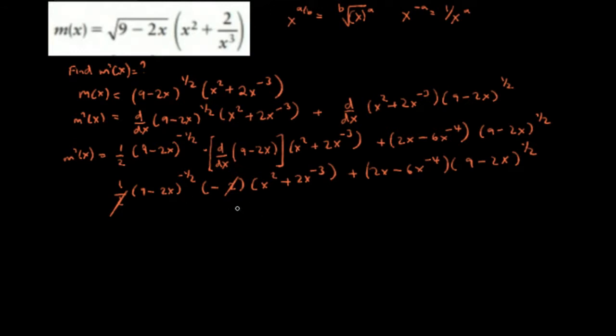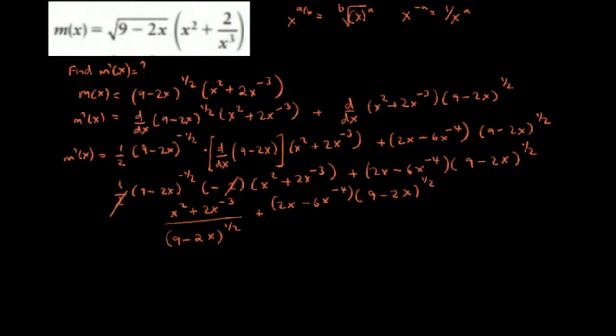If you wanted to write this with positive exponents, you could write x squared plus 2x to the power -3, times 9 minus 2x to the power of 1/2, plus 2x minus 6x to the power -4. Our whole point here is to simplify this as much as possible.